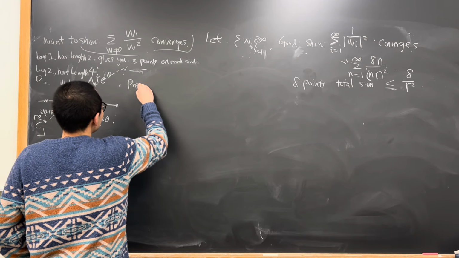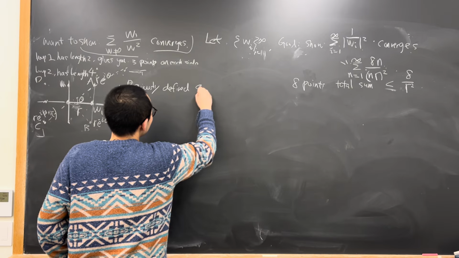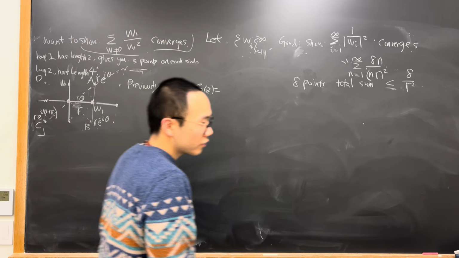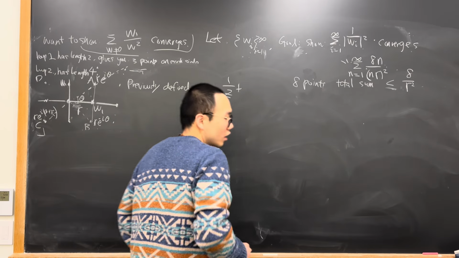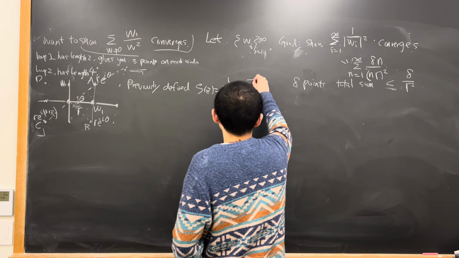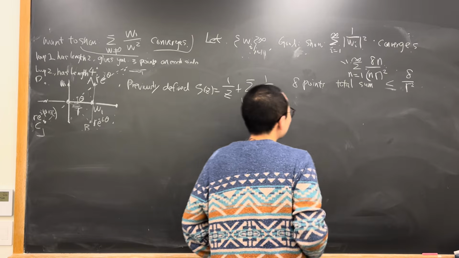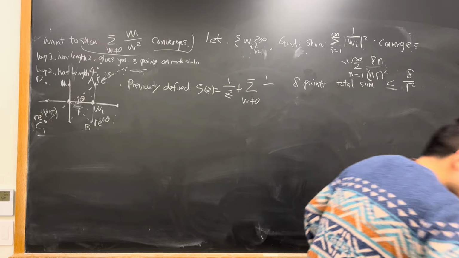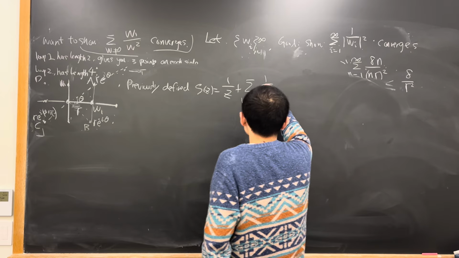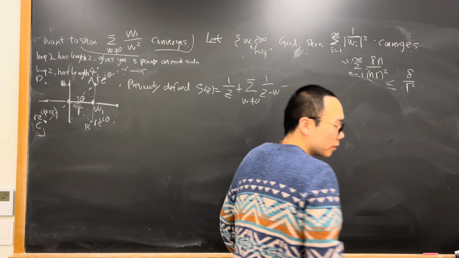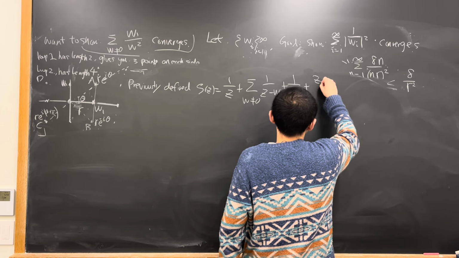So we defined theta z to be, which is the antiderivative of the Weierstrass polynomial, 1 over z plus the summation over omega not equal to 0 of 1 over z minus omega plus 1 over omega, and then plus z over omega squared.